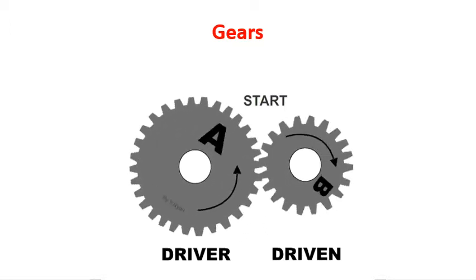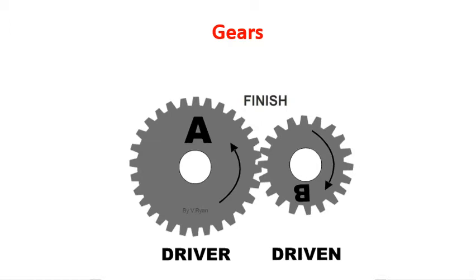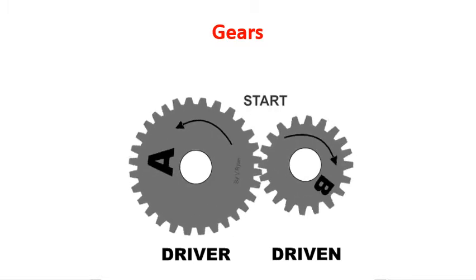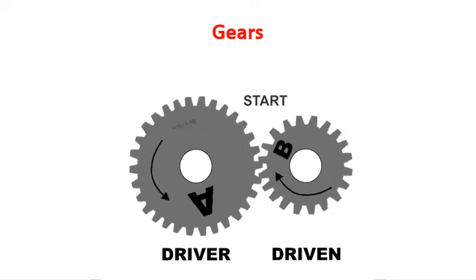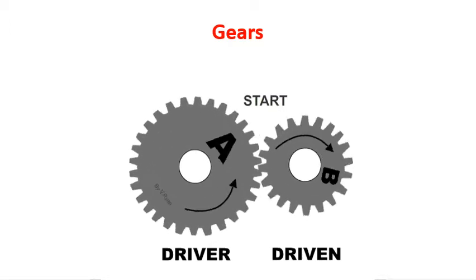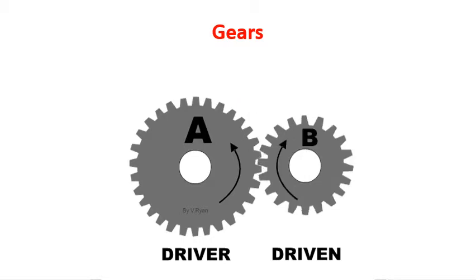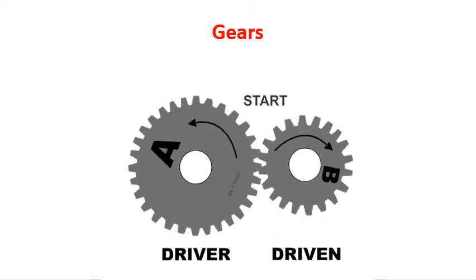And these gear drives are provided when the distance between the driver and the follower is very small. We have seen different types of drives, right? Gear drive, chain drive, belt drives, rope drives, etc. One of the important parameters is the distance between the two shafts.